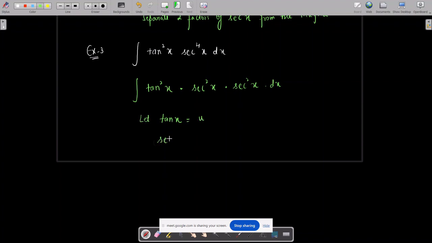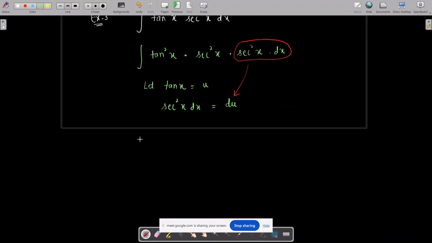So secant square x dx becomes du. This is why we have done this. So whenever we have an even power of secant x, we will always separate out two factors of secant, because that will combine with dx and become du.